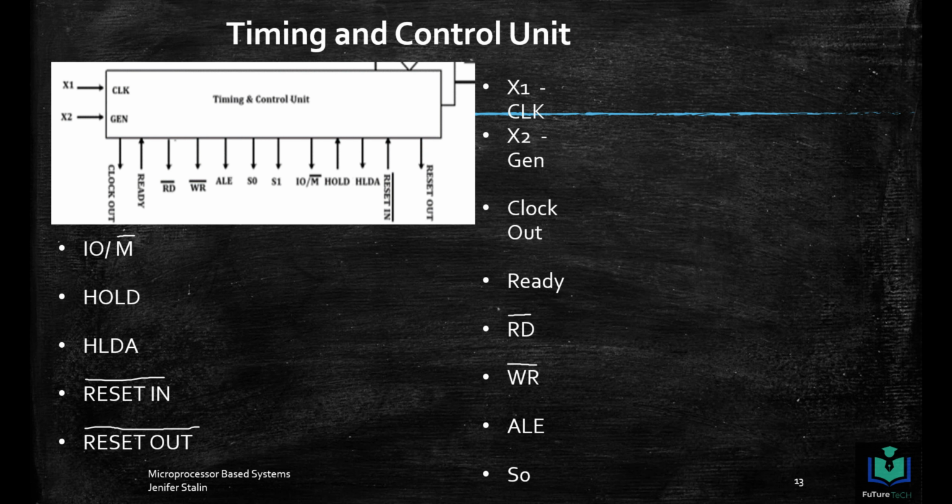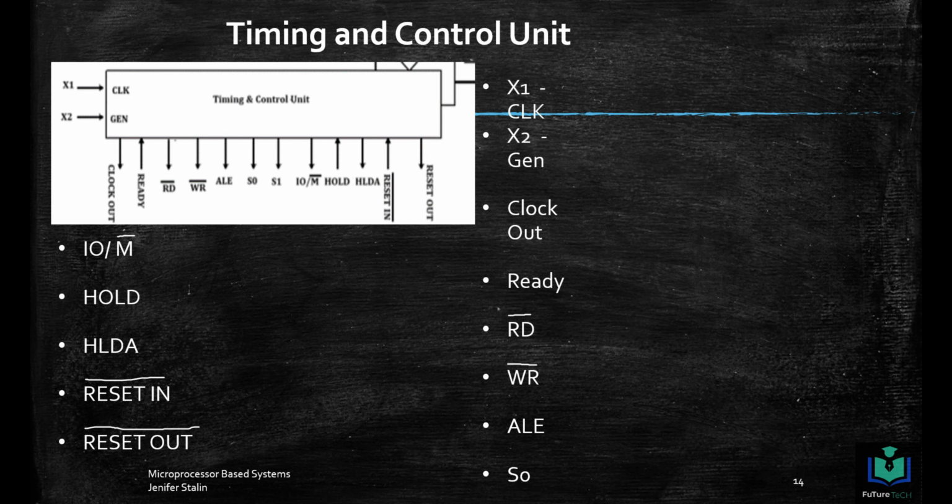The next signal is IO slash M bar, which stands for input output memory bar. When IO slash M bar is logic 0, the address sent out by the processor is for addressing a memory location. Whereas when IO slash M bar is equal to 1, the address sent out by the processor is for addressing the IO ports.